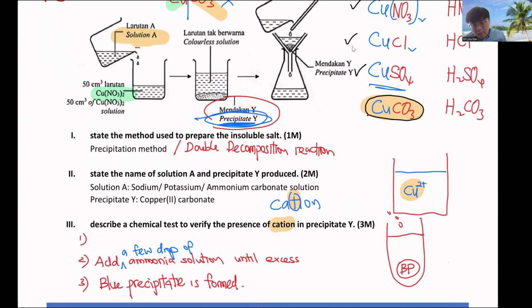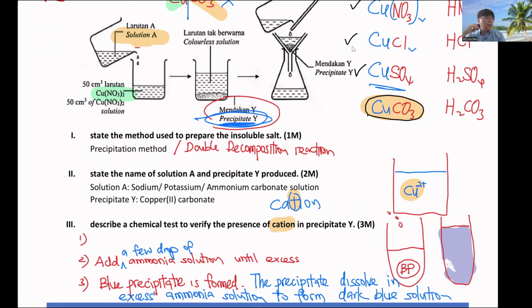Do you know this one? So this is a very important test. In SPM past years and school exam past years, you realize that they always like to ask about how to test for copper 2 plus.